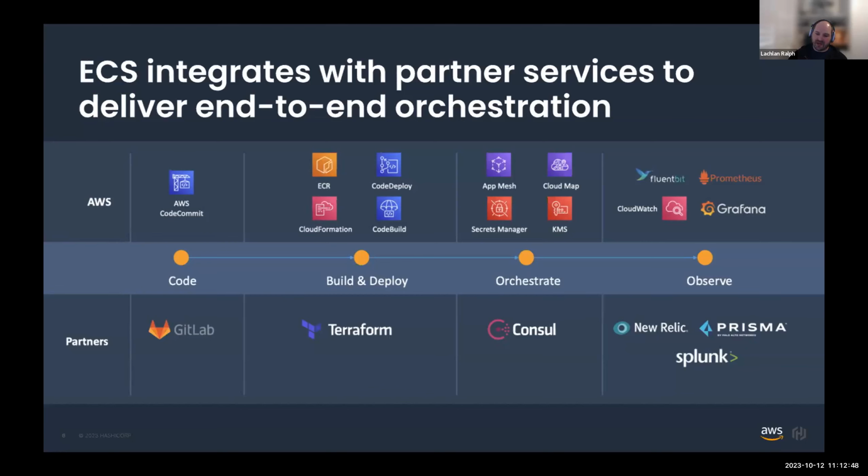FluentBit actually provides you with the integration into the ECS platform to collect container metrics and monitors. Grafana and Prometheus as well are visualization engines. We also partner with other visualization and monitoring providers such as New Relic and Splunk. So it's worth noting that there is a strong partner ecosystem underneath this as well.